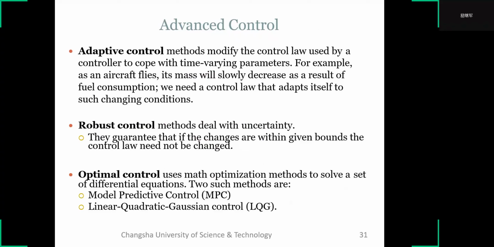Optimal control. Use mathematical optimization methods to solve a set of differential equations.